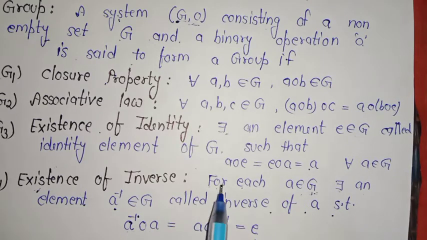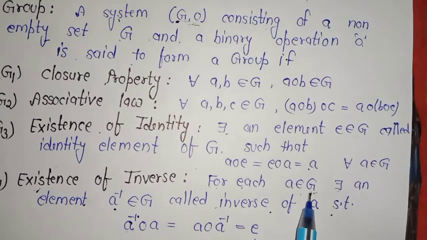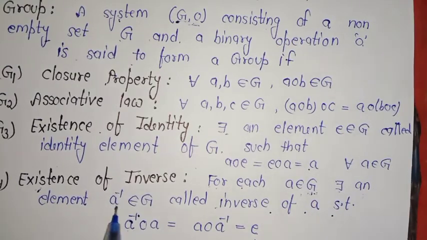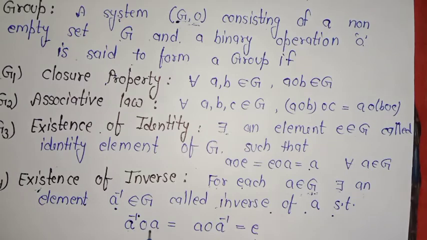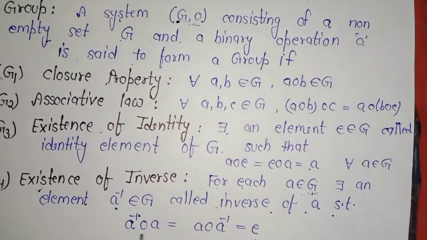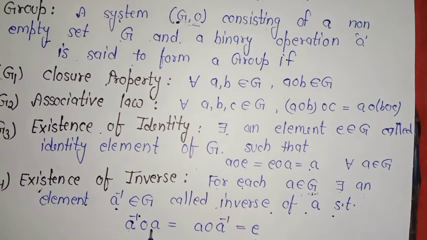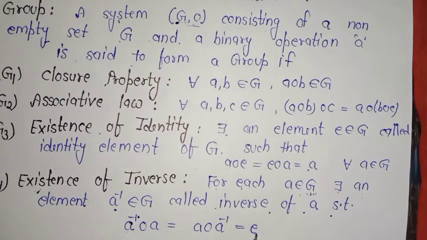That is, for every element there exists an element A inverse, such that if we operate the inverse of the element with the element with the binary operation, then we always get the identity. So I hope you understand this.